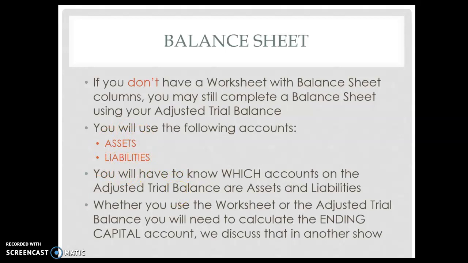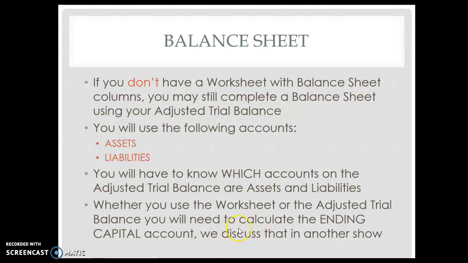Now, we also have to put the owner equity accounts on there, but it doesn't matter whether you have a worksheet or if you're using the adjusted trial balance to do your balance sheet. You need to calculate the ending capital account, and we'll discuss how to do that when we get to the financial statements module.